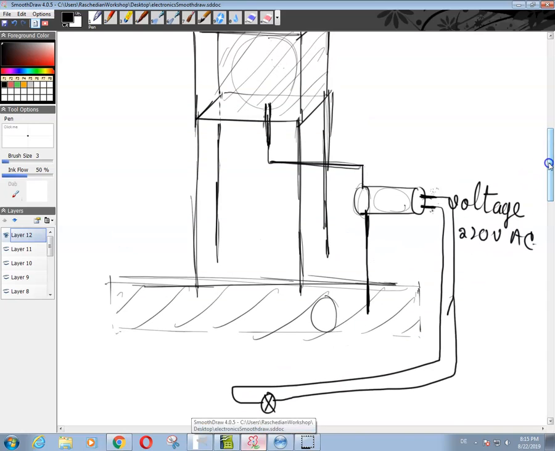So you see, everything is working together. The potential energy of water is converted into light or electrical energy through this whole construction over here.